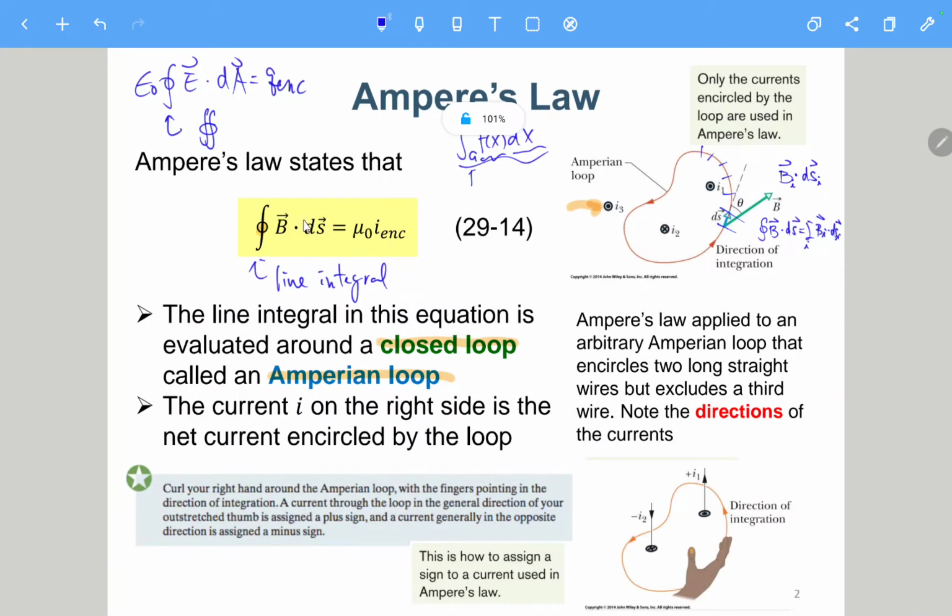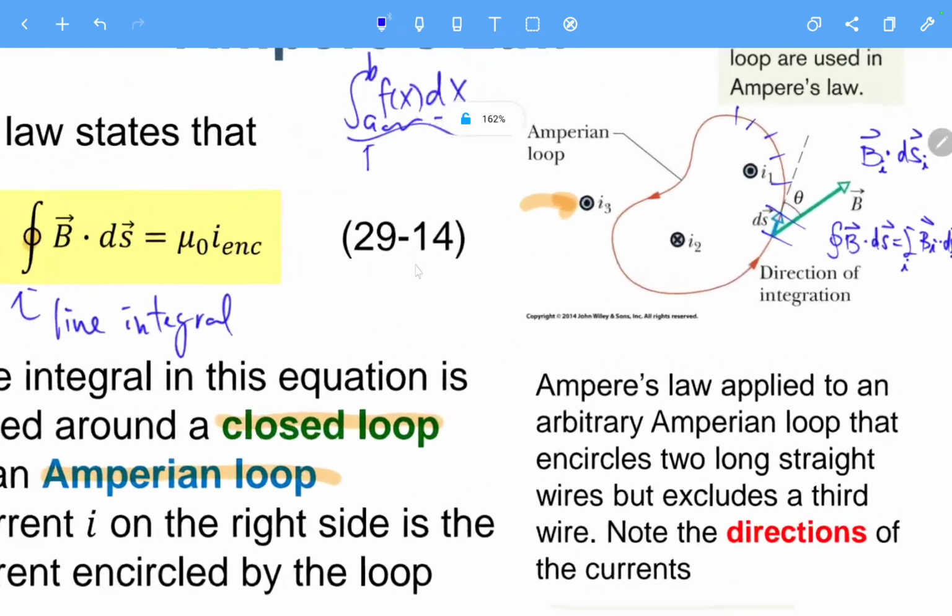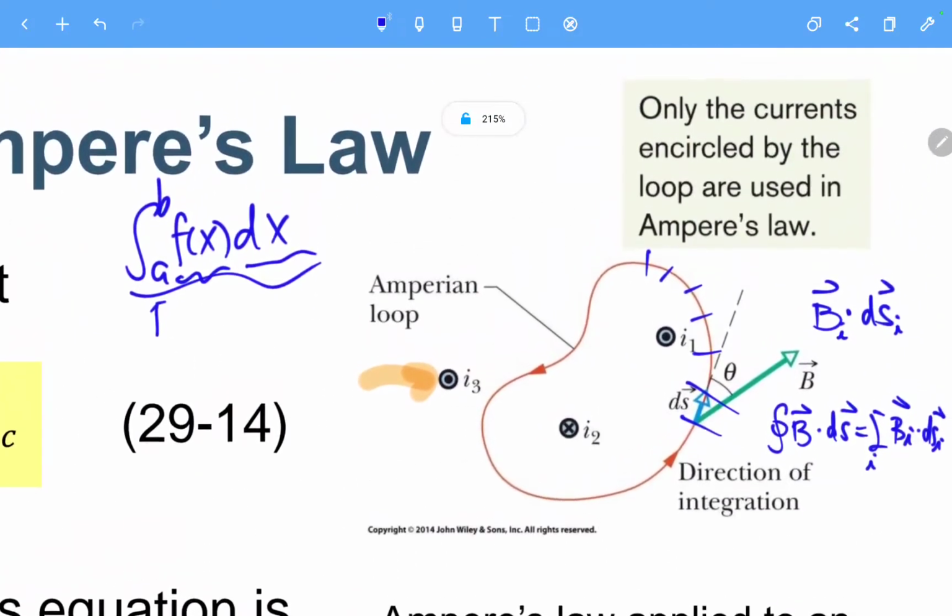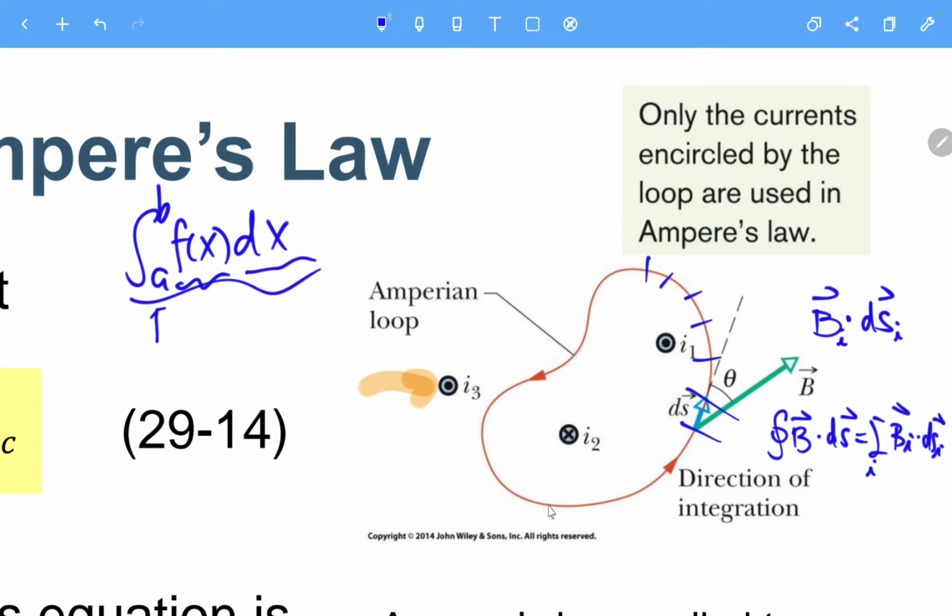That is the line integral. For the right part, we have mu 0 I enclosed. To count I enclosed, we see which currents this loop encloses. Let me erase some of this.